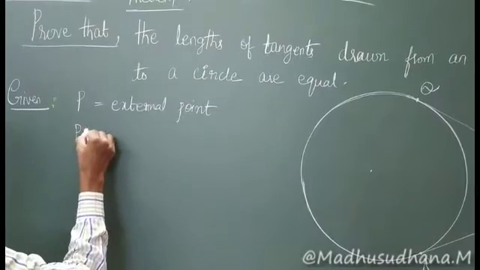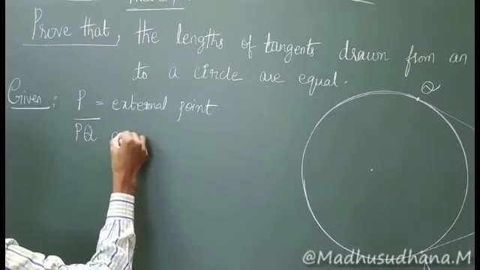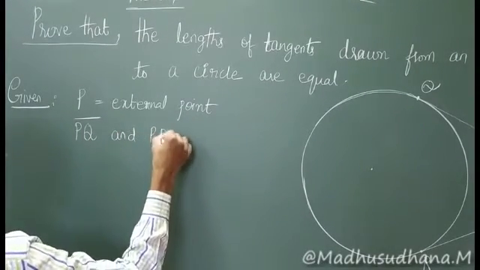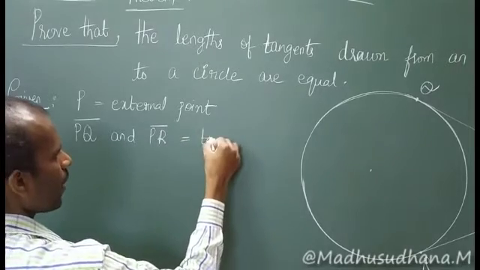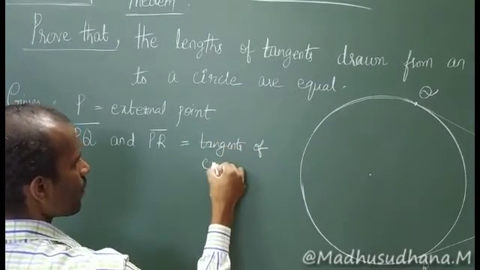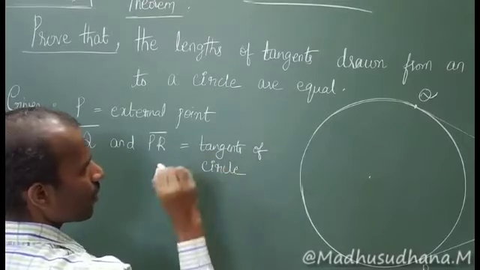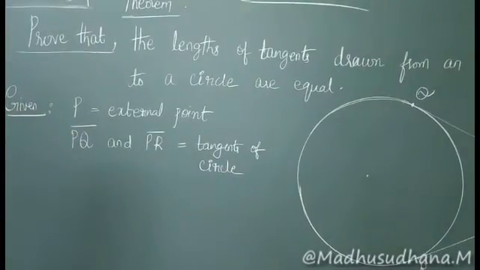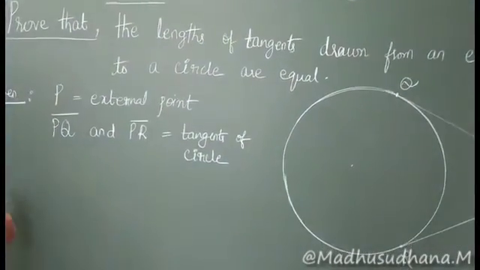P is an external point, right? PQ and PR are tangents of the circle.